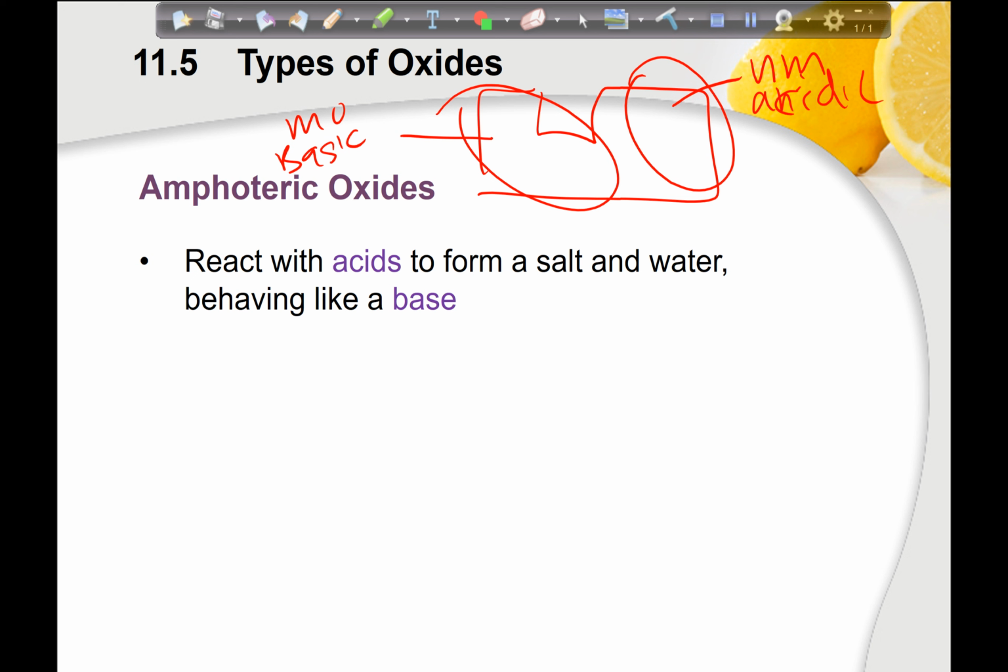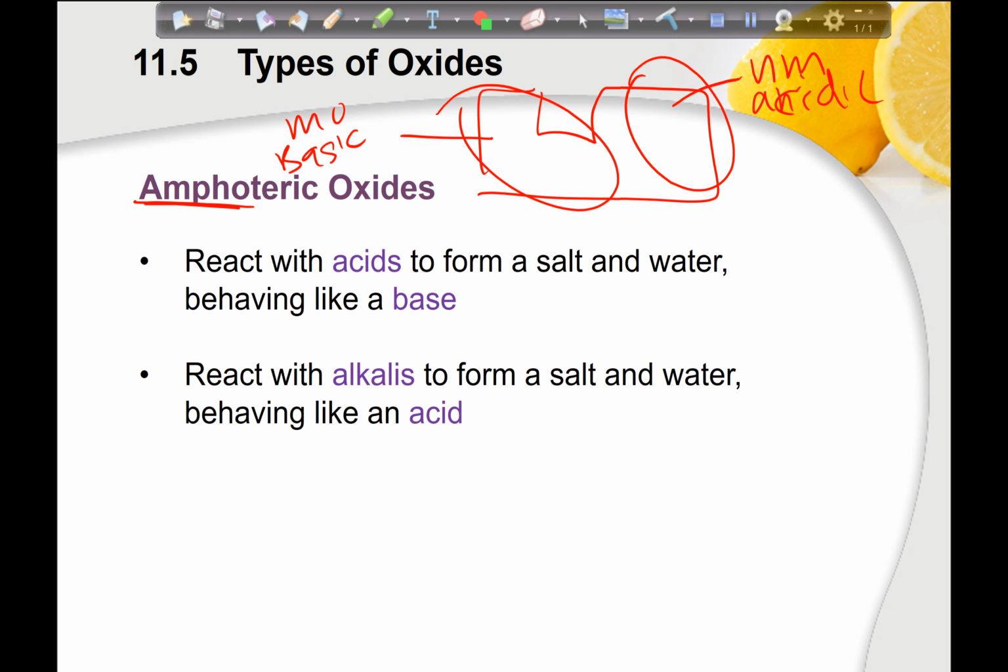So what about amphoteric oxide? Amphoteric oxide means that it can react with both acid and alkali to form salt and water. It has the capability to behave like a base and an acid, so it has dual property.